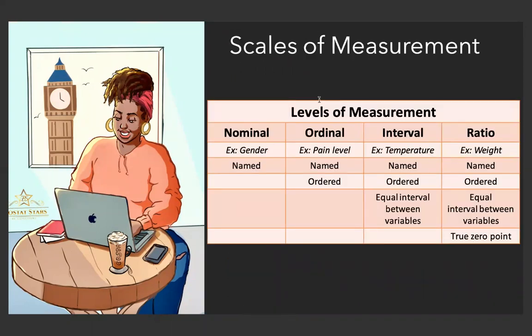So variables that we have can actually be measured on 4 different scales. The 4 scales of measurement that you have to know are the nominal scale, the ordinal scale, the interval scale, and the ratio scale.